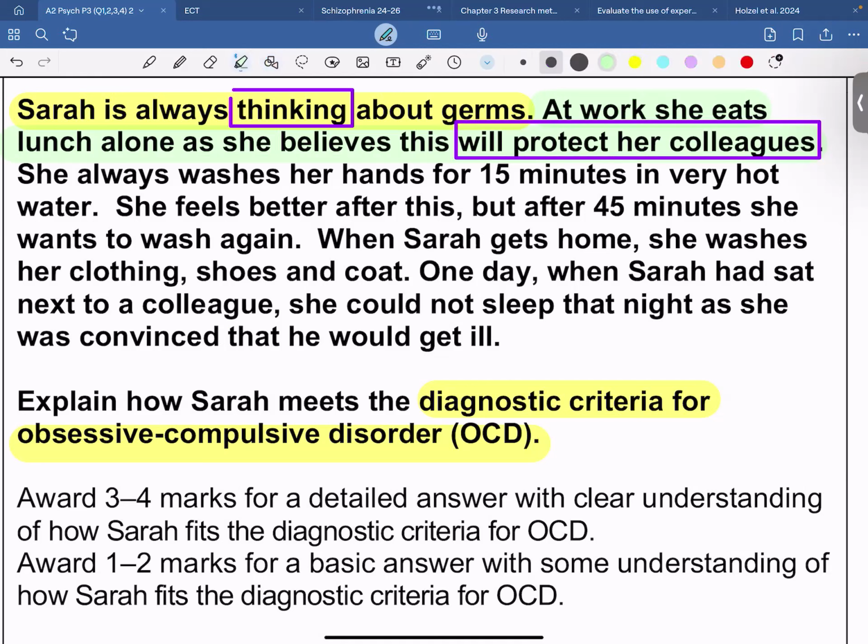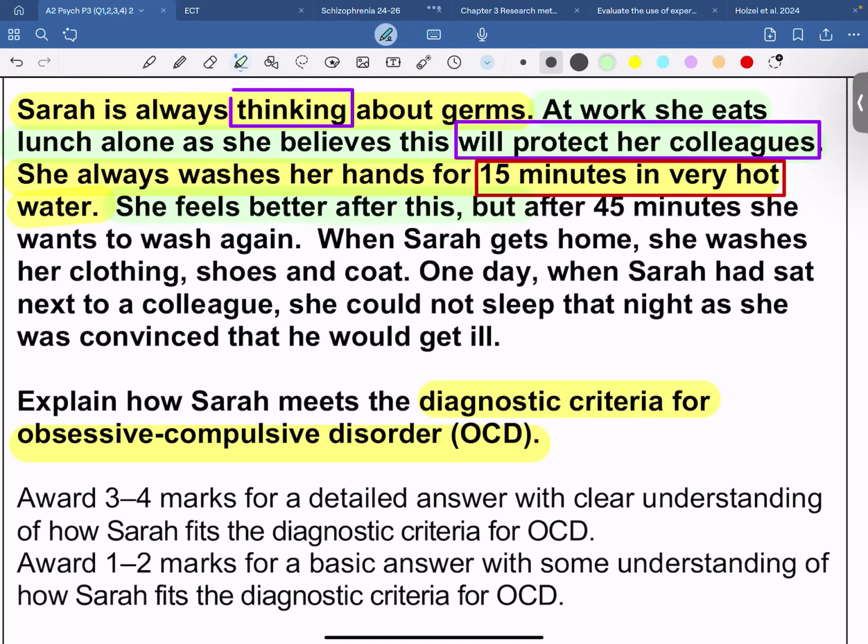Moving on, she always washes her hands for 15 minutes in very hot water. So spending 15 minutes to wash hands in a very ritualistic manner. Remember, very hot water. This is another piece of information that is hinting us towards OCD. She feels better after this.